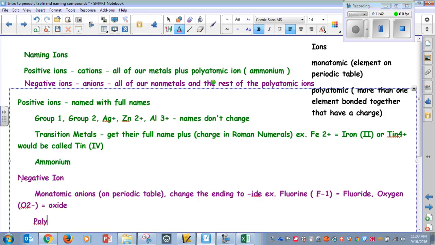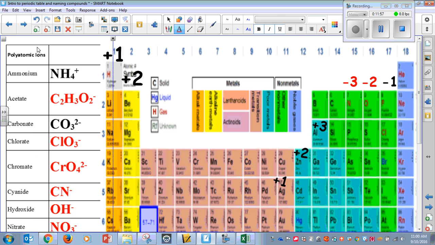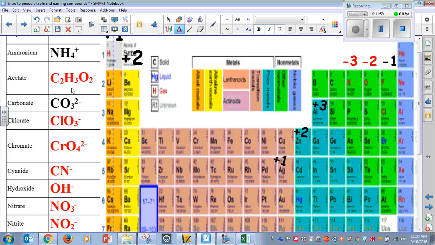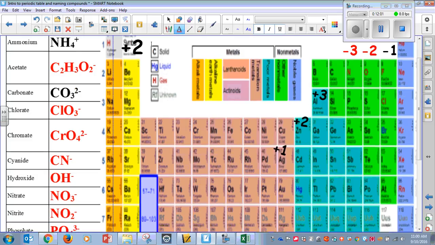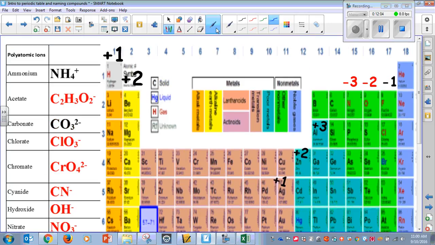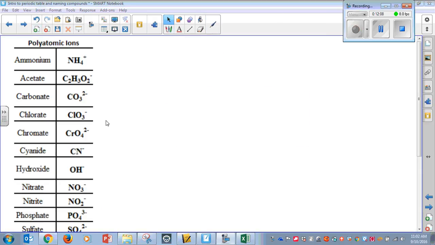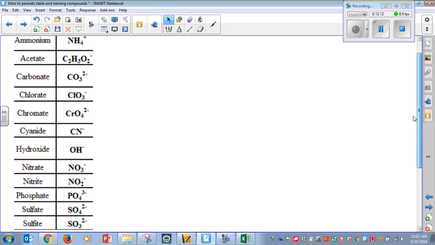The polyatomic ions get their full name. So let's look at our chart of polyatomic ions. You'll notice that most of these polyatomics end in ATE.